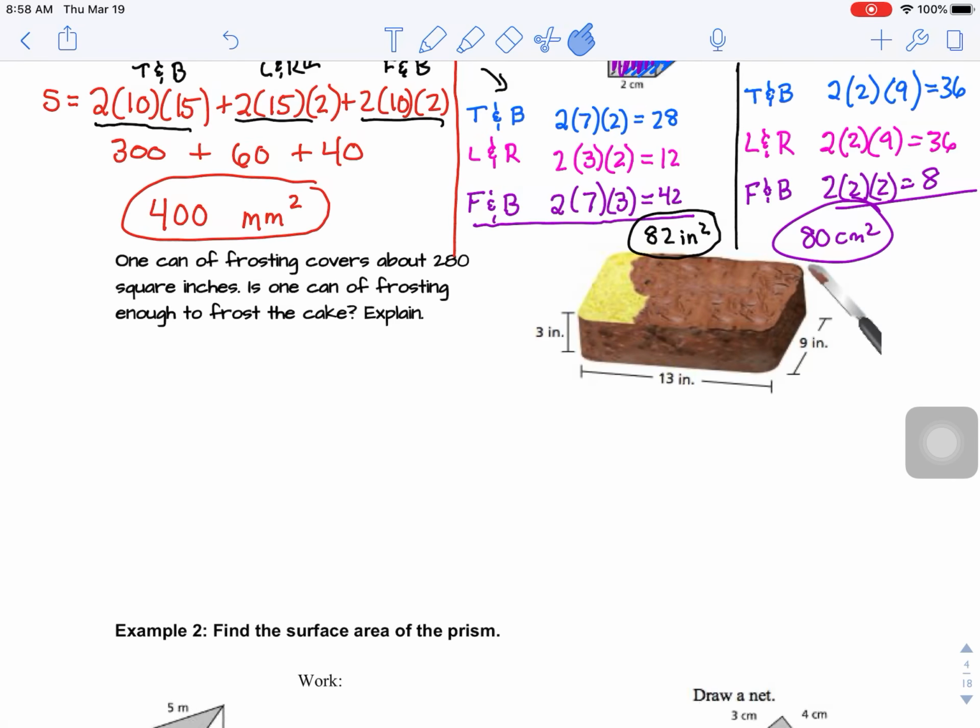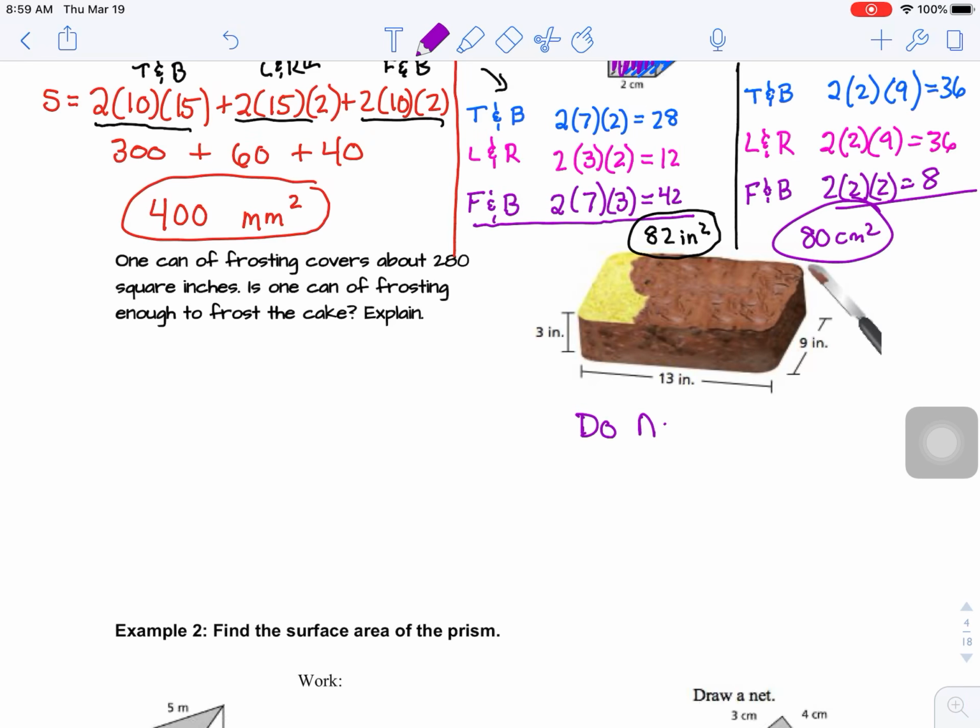This next example says 1 can of frosting covers about 280 square inches. Is 1 can of frosting enough to frost the cake? We need to figure out the surface area. However, we do not frost the bottom of the cake.